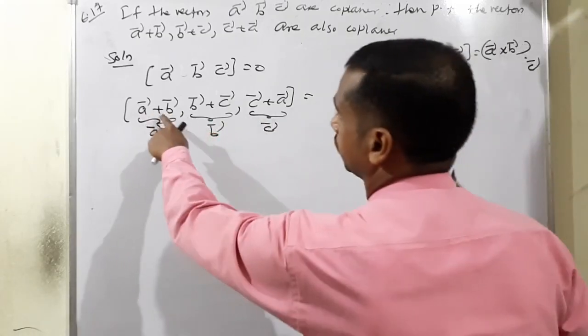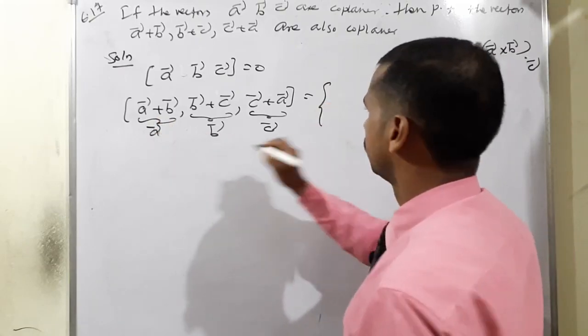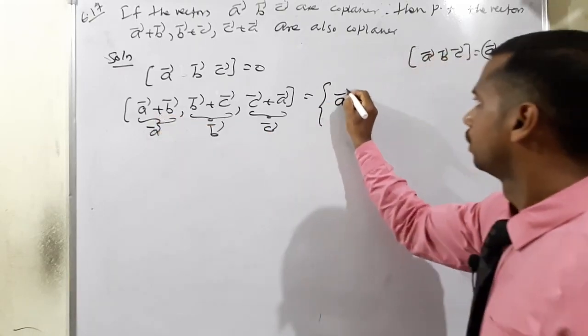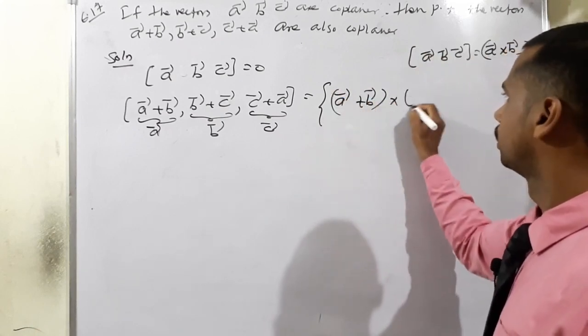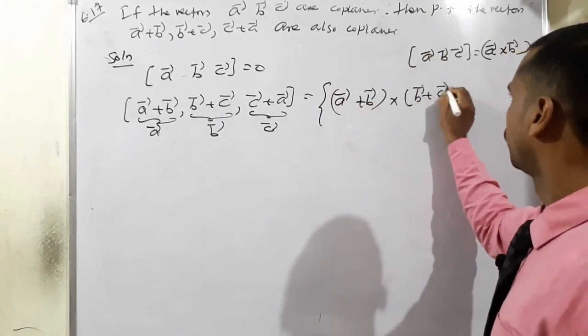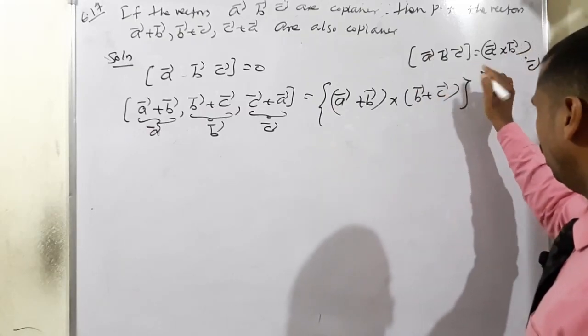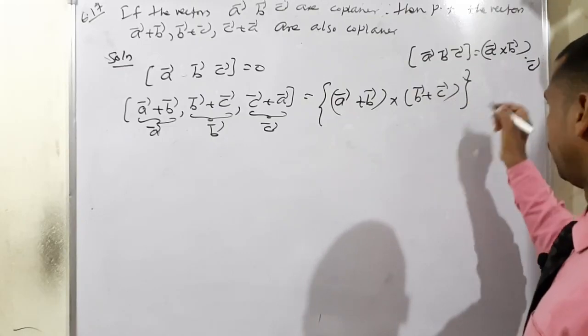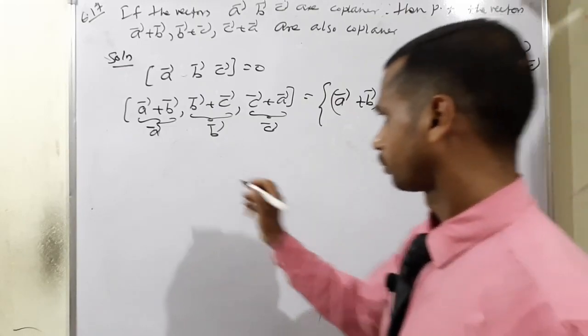A vector plus B vector cross product B vector plus C vector. Then outside, dot C vector plus A vector.